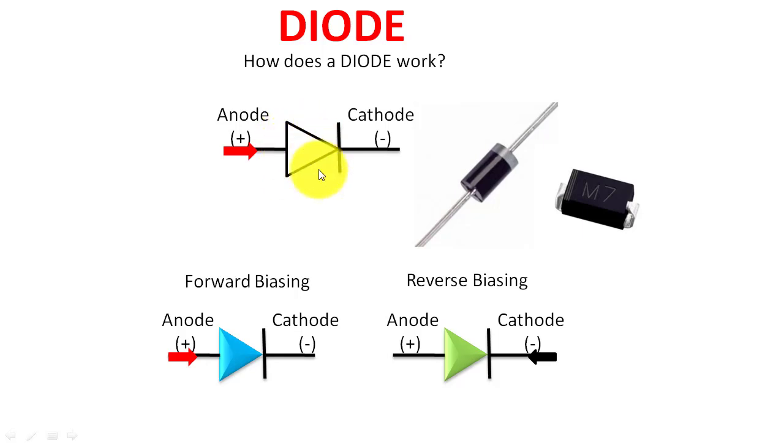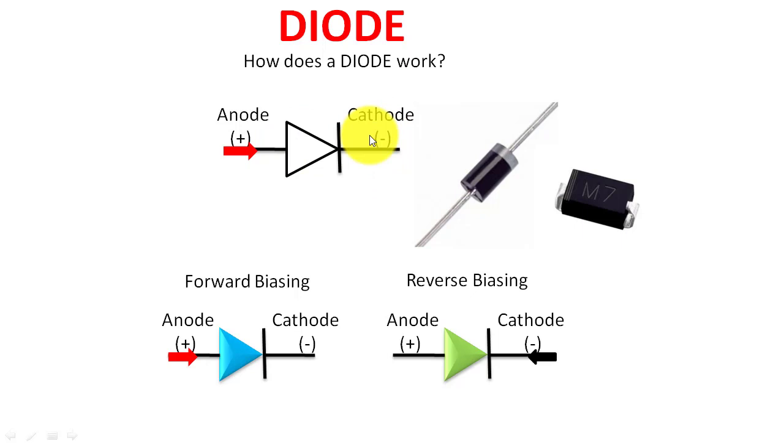This is the symbol, and after it there is a bar. On the right side there is the cathode point, and to the left of this is the anode point. Here is the anode point, which is the positive terminal, and this is the negative terminal.